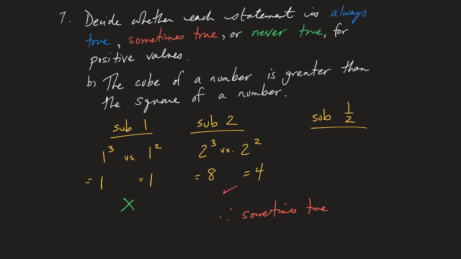Because watch what happens when we now deal with 1/2 cubed versus 1/2 squared. Okay, well, 1/2 cubed is going to be 1 cubed over 2 cubed. 1/2 squared is going to be 1 squared over 2 squared. And you can actually see that the cube of a number is smaller than the square of a number.